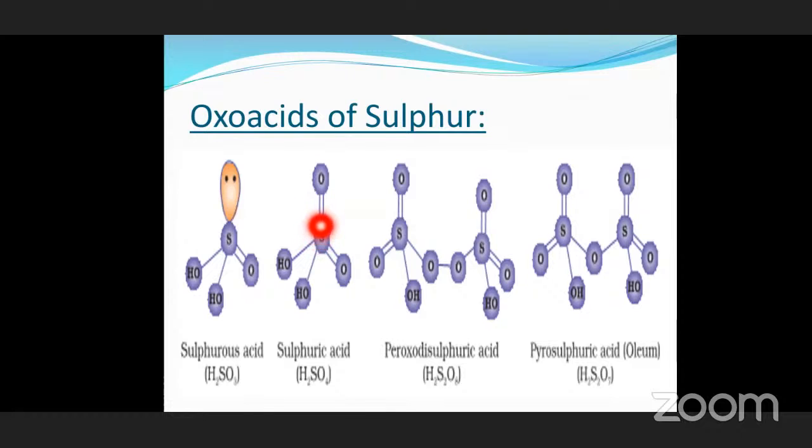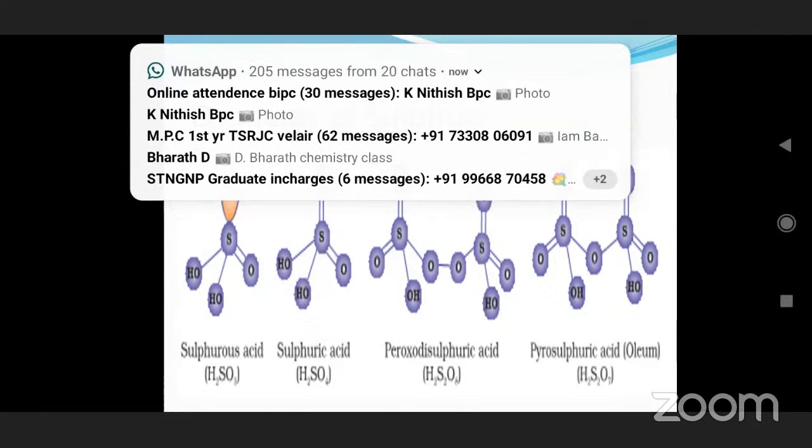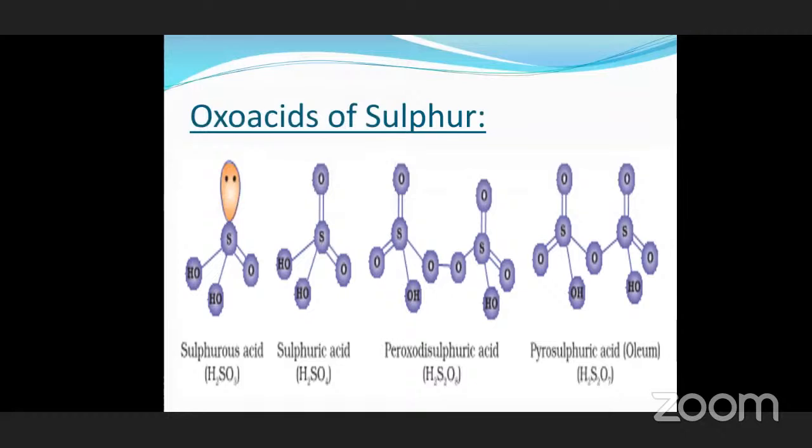In this case, how many oxygens are given here? 4 oxygens. How many hydrogens? 2 hydrogens. I told you, the hydrogen atoms are always combined with oxygen atoms.